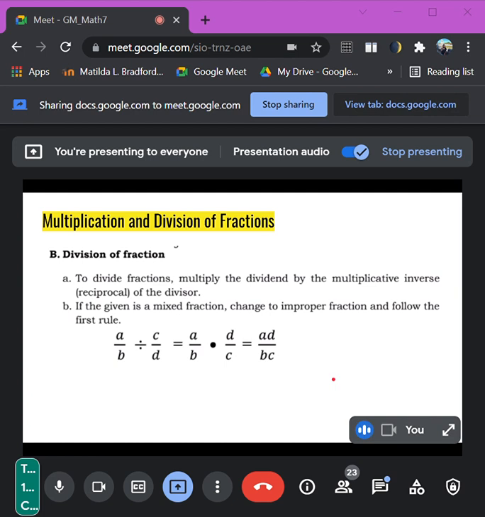Or shall we say, in short term, ang kanang second given nimo class, you're going to reciprocate or give the reciprocal. So as you can see, from C over D, nahimo siya D over C. And then, from division symbol, na-change siya into multiplication. And then, as you can see, multiplication naman siya, so ma-apply na to itong gidiscuss ganina.